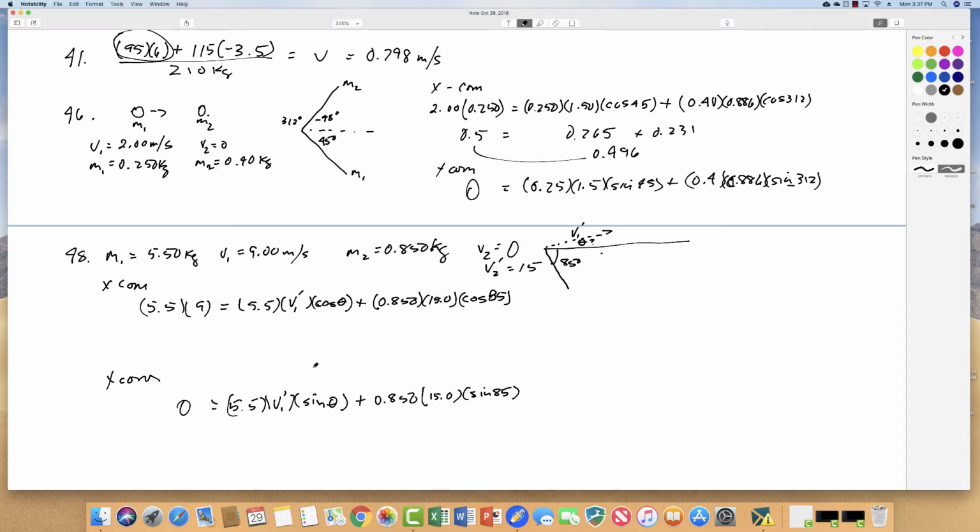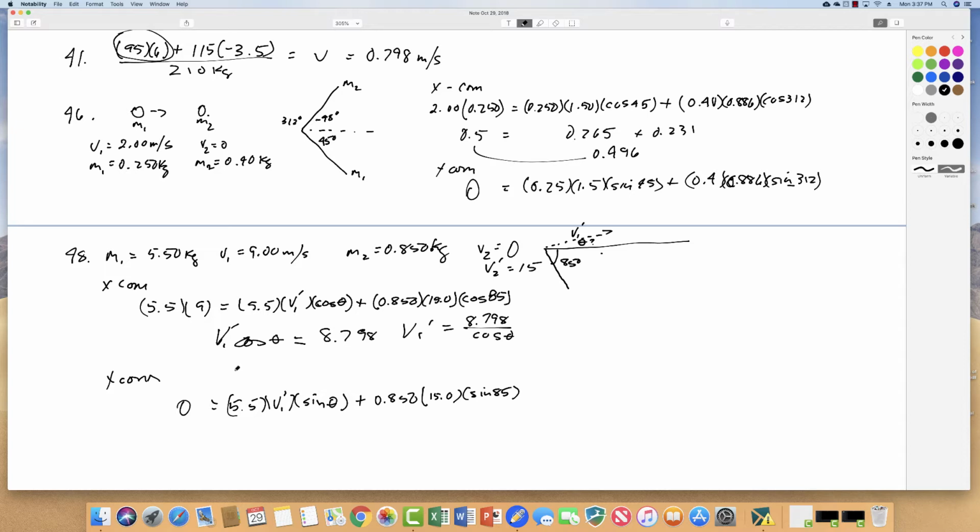And if you work these down, you end up with v1 prime cosine theta equal to 8.798, so that v1 prime is equal to 8.798 divided by the cosine of theta. That's just simplifying this.